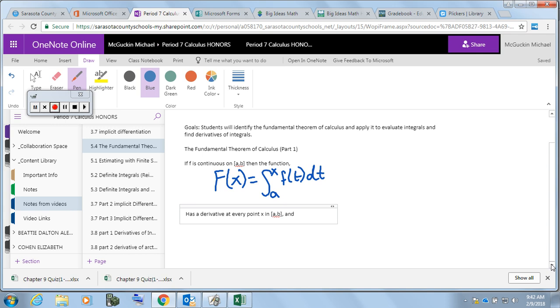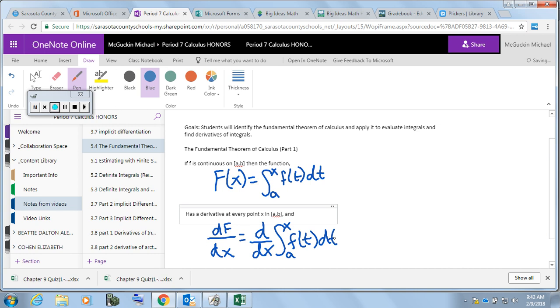And the finisher of this part is the fact that the derivative of the antiderivative is equal to the derivative with respect to x of our integral from a to x of f of t dt.